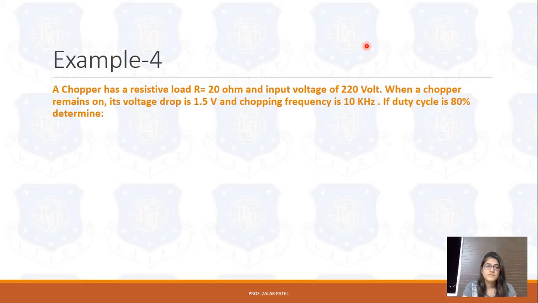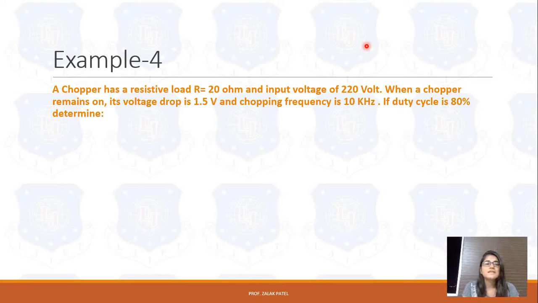Let's take another example for the step down chopper. This is the problem statement. A chopper has a resistive load R equal to 20 ohm and an input voltage of 220 volt. When the chopper remains on, its voltage drop is 1.5 volt and the chopping frequency is 10 kHz.